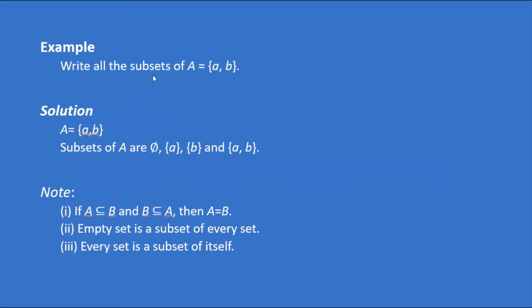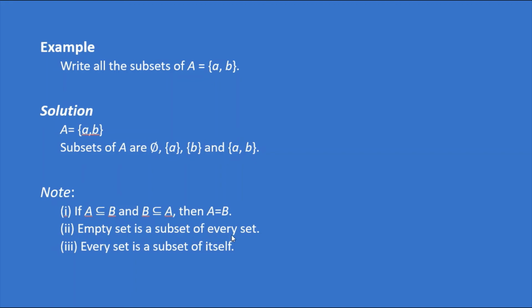Example: write all the subsets of A = {a, b}. Solution: A = {a, b}. Subsets of A are the null set, {a}, {b} and {a, b}. Note: if A is a subset of B and B is a subset of A, then A is equal to B. The next note is that the empty set is a subset of every set.